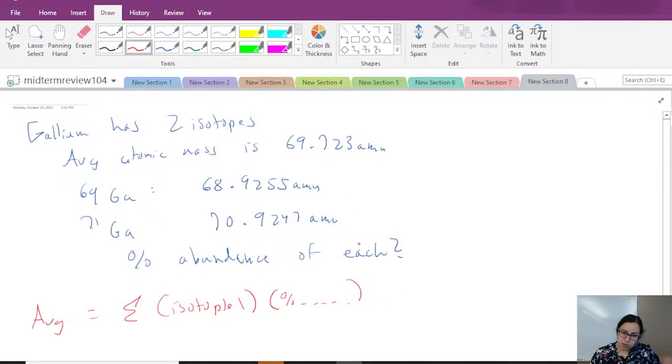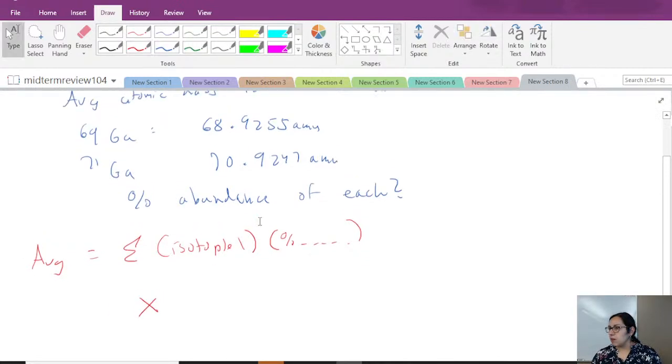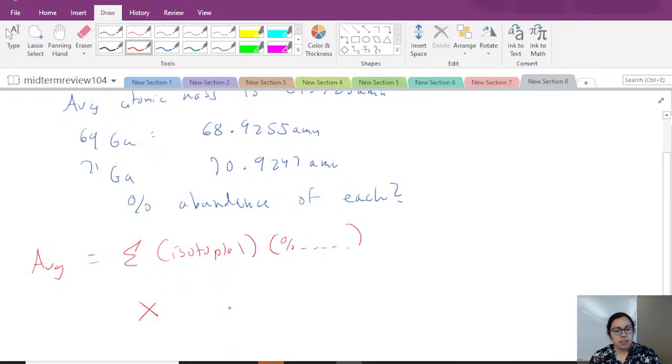In this case, there are two of them. So let's call the abundance of one X for explanation's sake: gallium-69 is X, gallium-71 is Y. X plus Y has to equal 100% abundance.